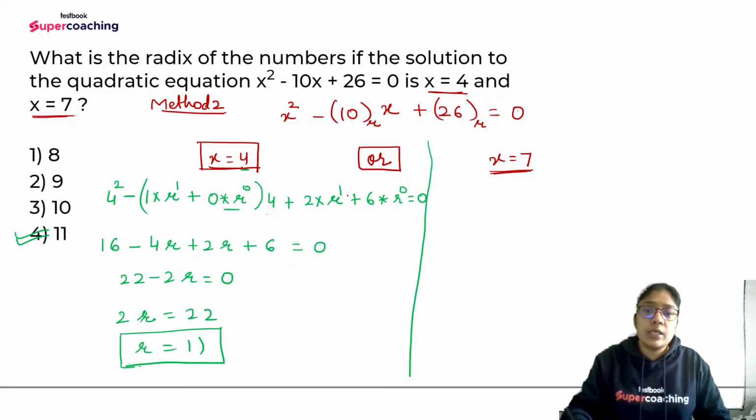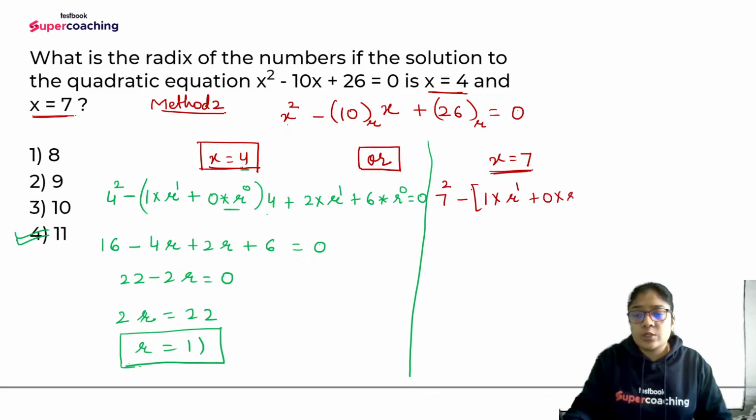How to substitute: the way we substituted 4, here you take the value of x as 7. 7 square minus 10. Okay, let me directly expand this. So it is 7 square minus 1 into r raised to power 1 plus 0 into r raised to power 0 into 7 plus 2 into r raised to power 1 plus 6 into r raised to power 0 equal to 0.